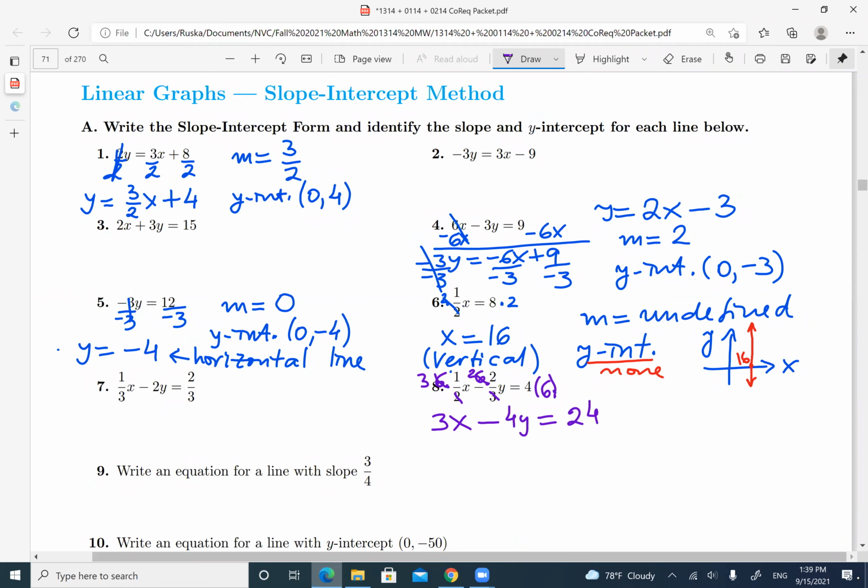When you get rid of the fractions, you get another equation with no fractions, and you can do the same as we just did. You subtract 3x, move the 3x over, and then divide by the number in front of y. So you have negative 4y equals negative 3x plus 24. And we're just going to divide by negative 4.